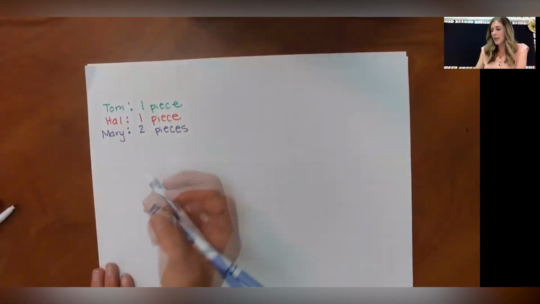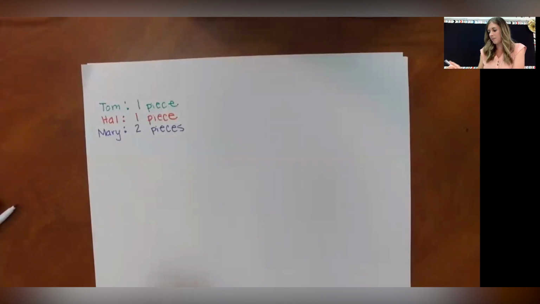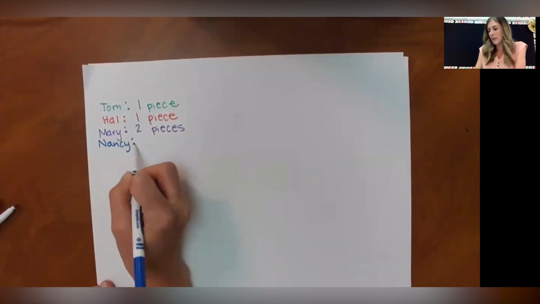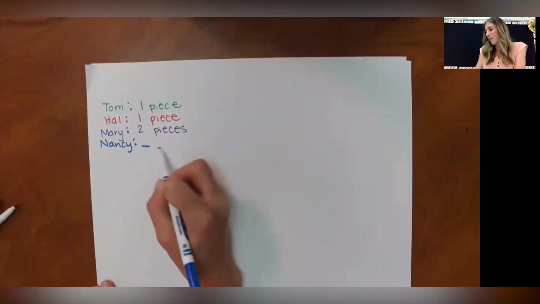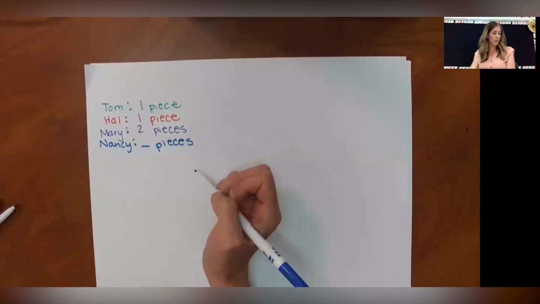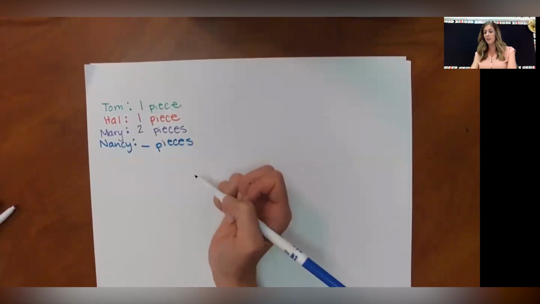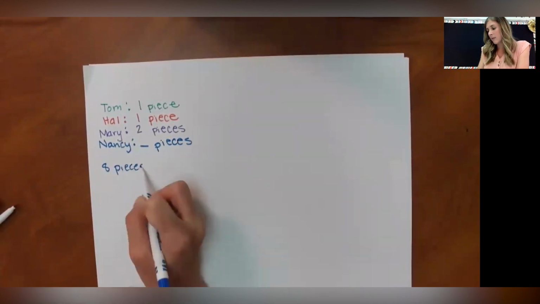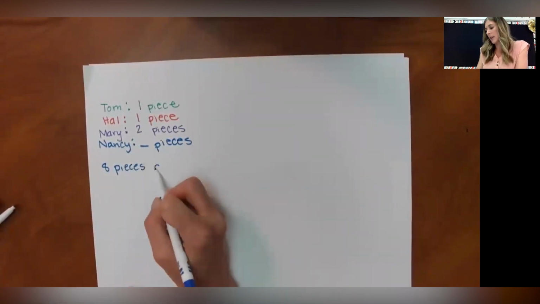And that Nancy got the remaining. So I'm not exactly sure how many pieces Nancy got right off the bat. And I know, because it told me in the first sentence you're giving out 8 pieces of cake, that there were 8 pieces altogether.